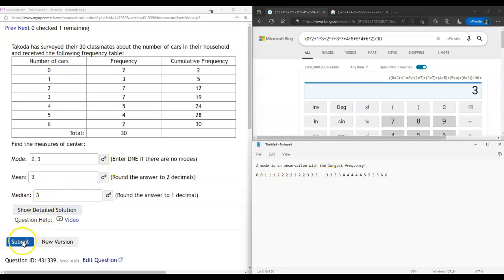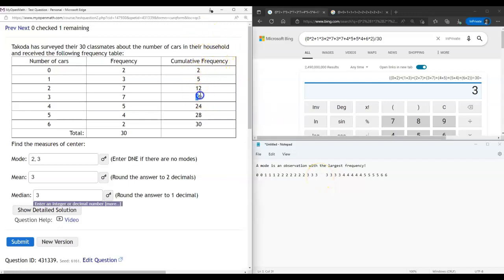Now, when you actually look at the detailed solution, it's going to tell you something about the cumulative frequencies. And what is this all about? We can actually figure out the average of the middle two without counting, because once we know we have the 15th and 16th, we need to find the average of the 15th and 16th element.